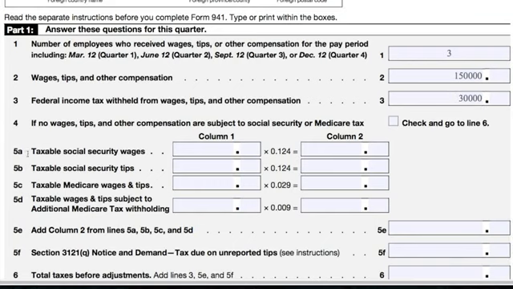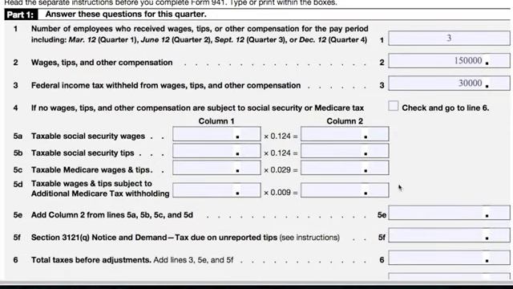In lines 5A to 5D, you'll note down the total wages that were subject to Social Security and Medicare taxes. Now, if none of the wages were subject to Social Security or Medicare tax, you check off this box here next to line 4 and skip down to line 6.